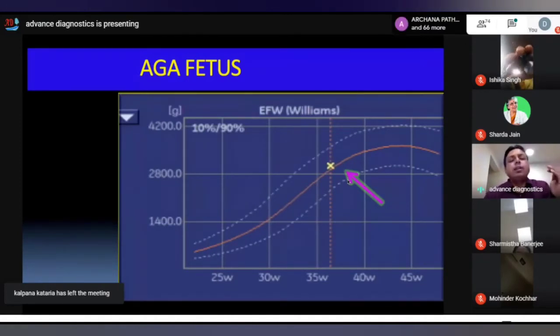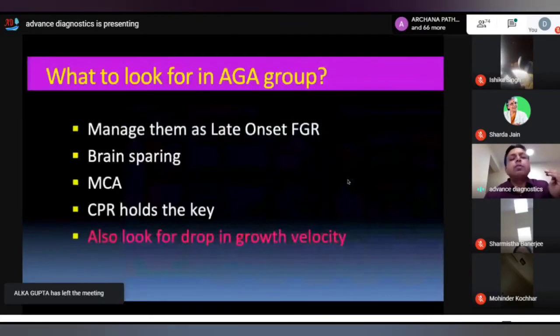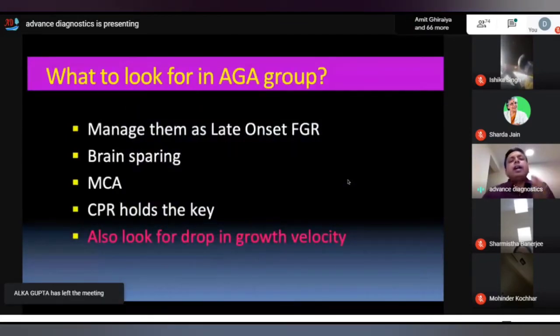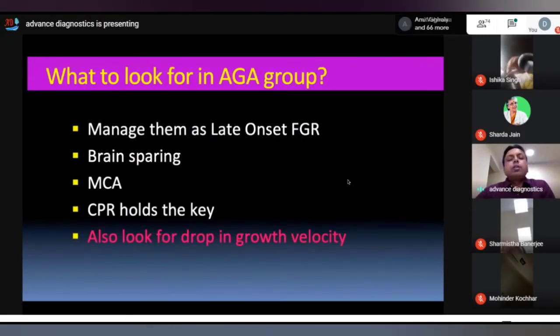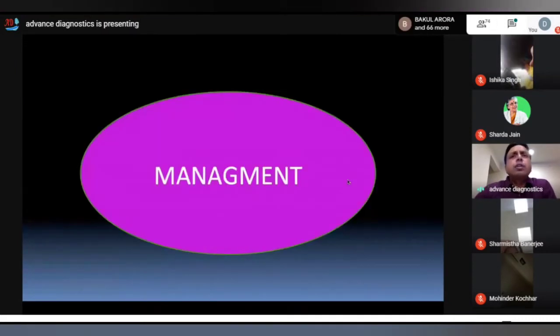Most workers of the world have agreed that AGA fetuses should be managed as late onset FGR. We should look for brain sparing and MCA. CPR holds the key, and we should also look for a drop in the growth velocity. Now we have made the diagnosis.